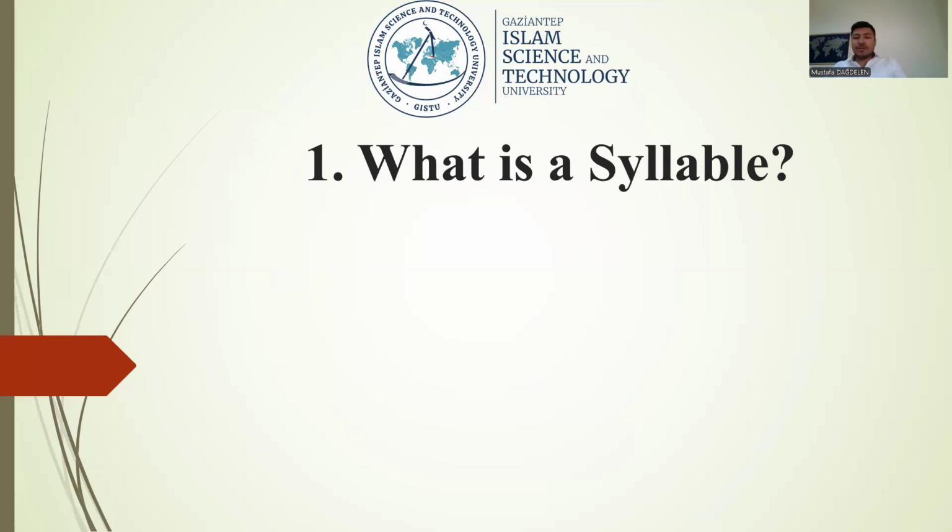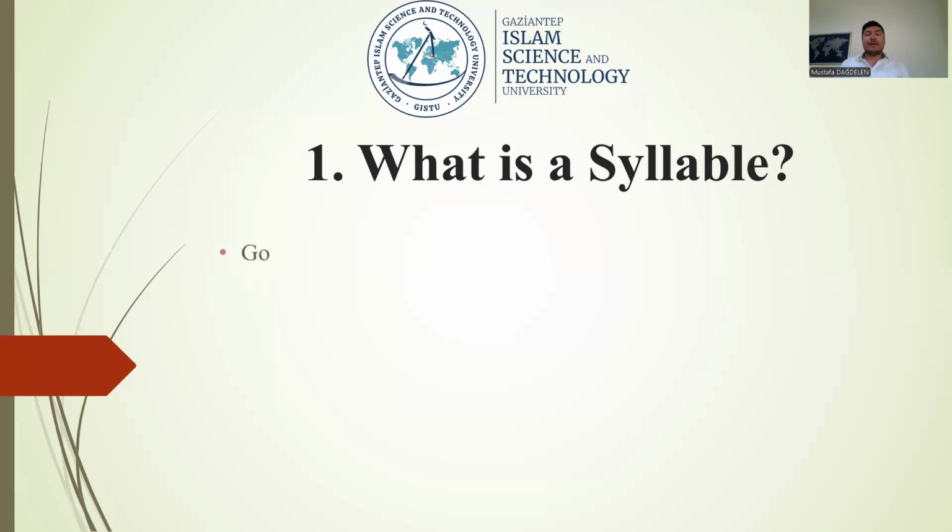Elma has 2 syllables because it has 2 vowels. In Turkish, it is pronounced according to the way it is written, and we count the number of vowels, like elma, e and a. But English has a different story. We count the number of vowels that we pronounce in English, so it might differ from the written form.